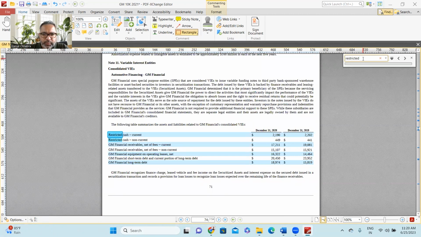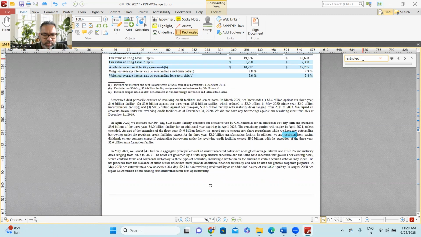So automotive, GM, restricted cash, current, non-current. In April, we renewed a 362 million facility dedicated for GM Financial additional businesses, extended 3.6 billion in 3 years, and a 4 billion facility in additional expiring. The remaining portion is this. Under this, as a part of the extension of the 3 year, 4 billion facility, we agreed not to execute any share repurchase.